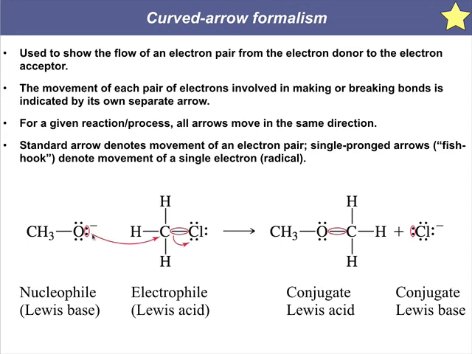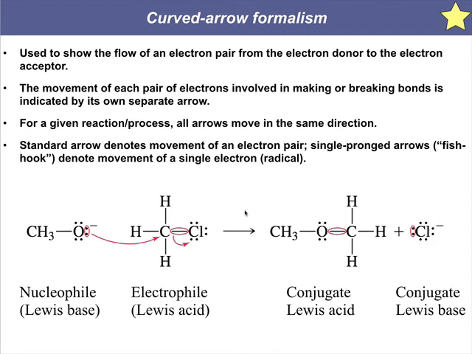This notation that we've been using is called the curved arrow formalism. What we're doing again is simply bookkeeping, following the flow of electron movement in order to turn the reactants into the products. Okay? So it's used to show the flow of an electron pair from the donor to the acceptor.